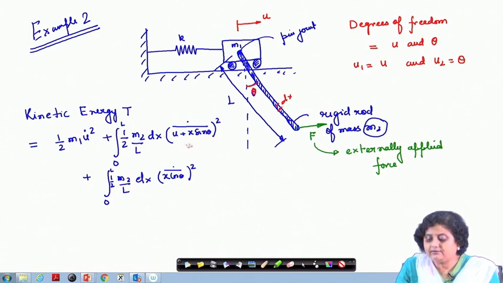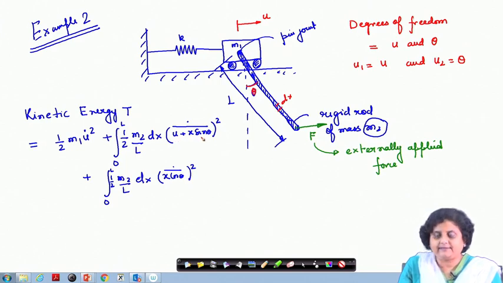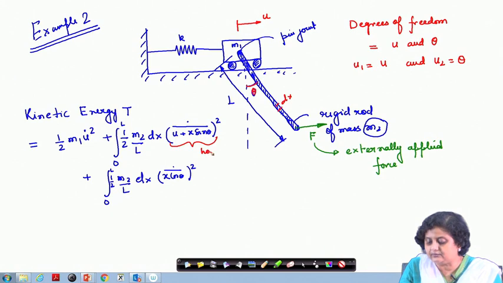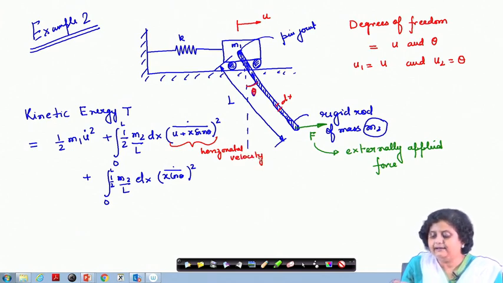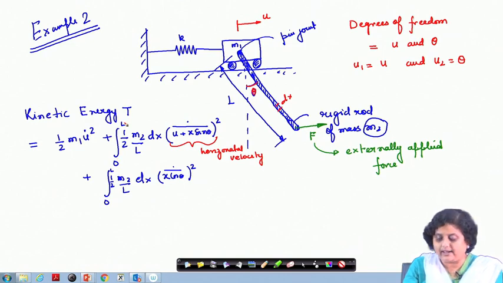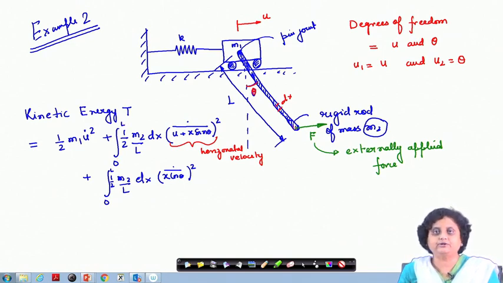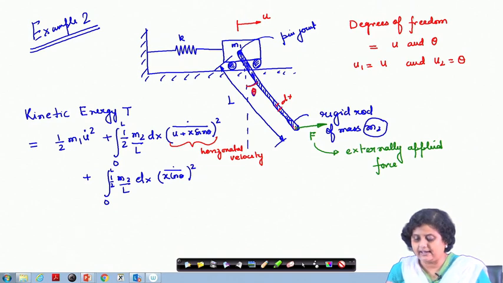Now, the horizontal displacement is u plus x sin theta, taking this as the reference, and the derivative of that is the velocity. So, this part is the horizontal velocity. And I have integrated from 0 to L, so as to take into consideration the whole rod of length L.